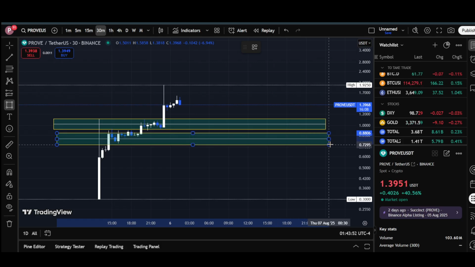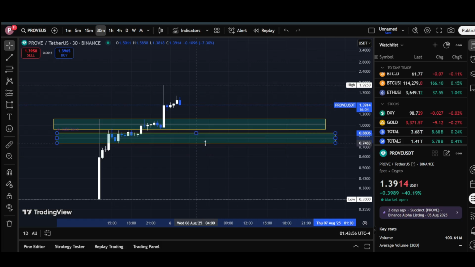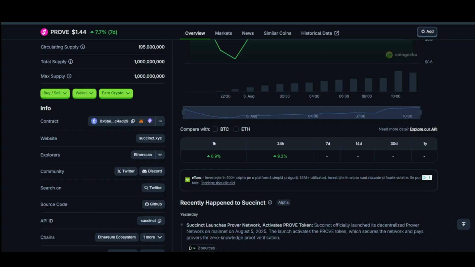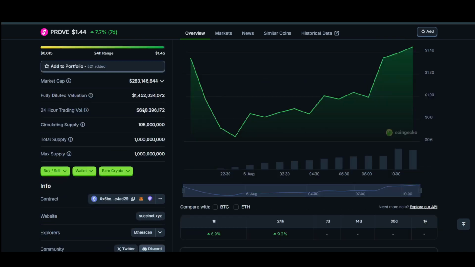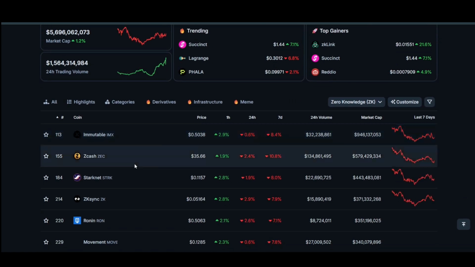Again, I think these are the two entry points that seem to be really good, like around 88 cent to 74 cent. And if we look at its market cap, it only has like 283 million. And if we look at the zero knowledge section or the zero knowledge niche, it should be one of the biggest ones, as you can see.